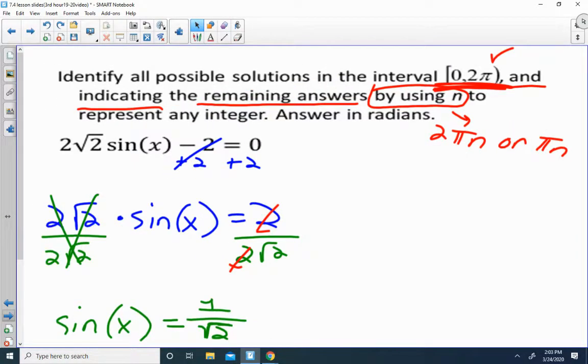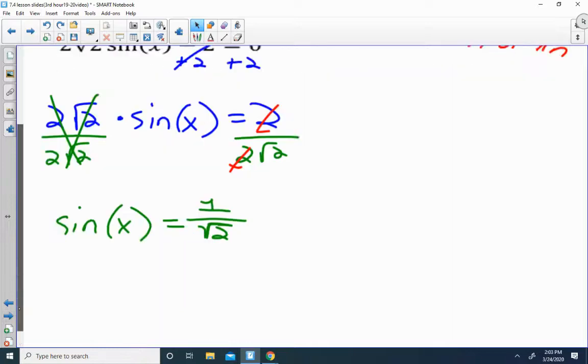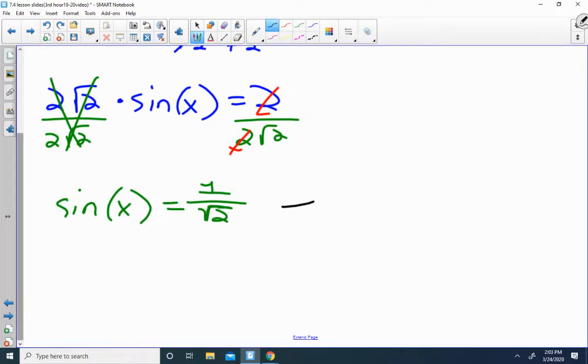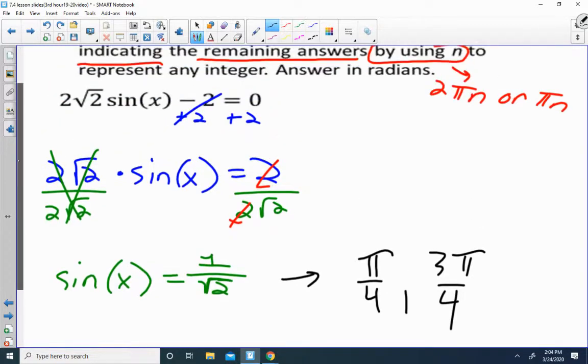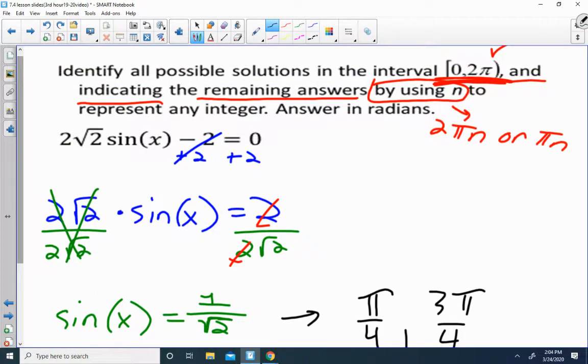So back to this answer. Our 2 angles that work are pi over 4 and 3 pi over 4. Wait a minute, don't press that submit button. Don't press enter, because I feel like I'm missing something. Am I missing something? Oh, wait, yes, I am. The instructions told me to use 2 pi n or pi n.